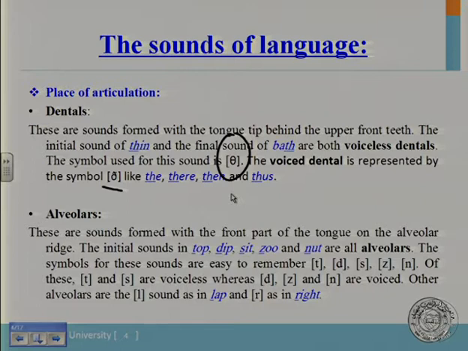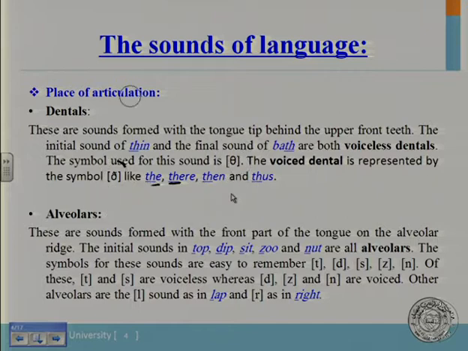But this symbol, as in the, as in there, as in then, and thus. So the sound of the, and the, these sounds are represented by this symbol.